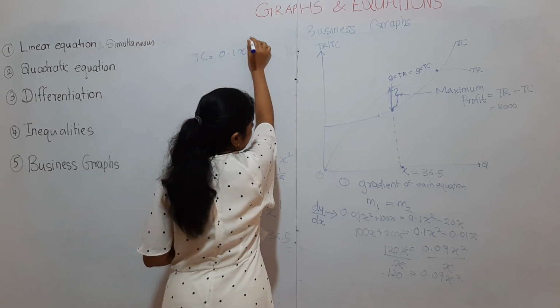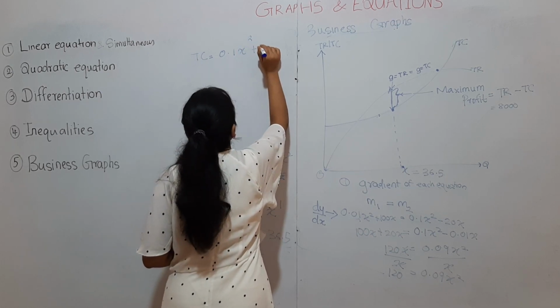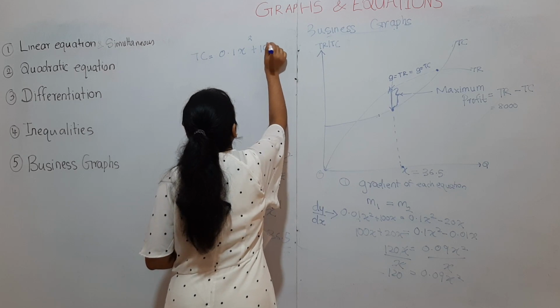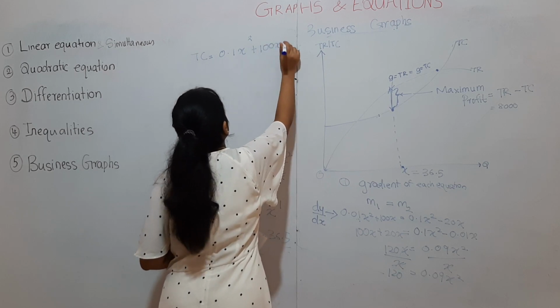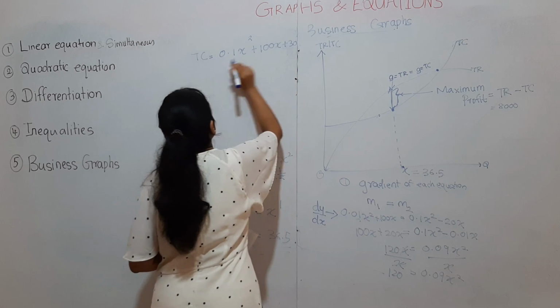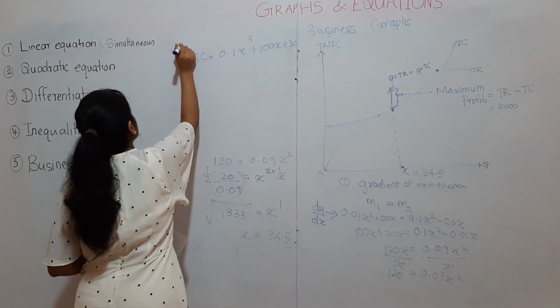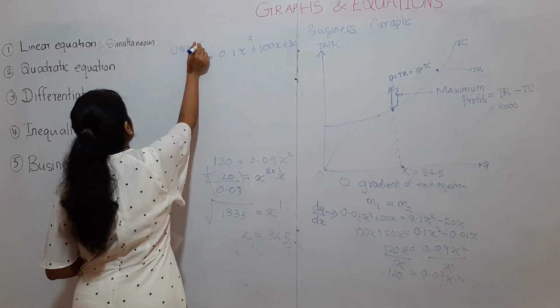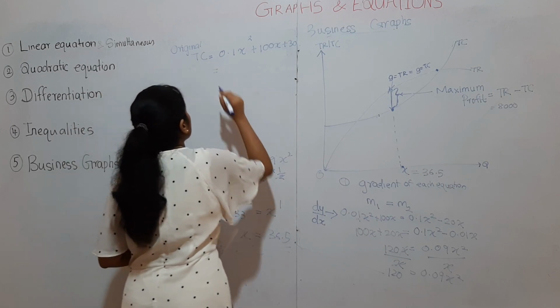0.1x squared plus 100x plus 30, for example, is the original equation for total cost. Then what will be the total cost?